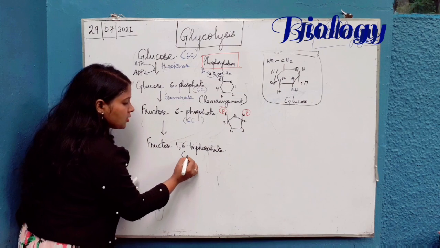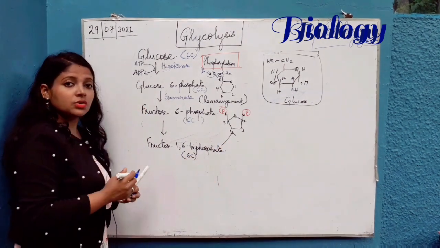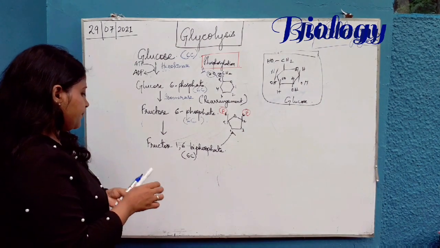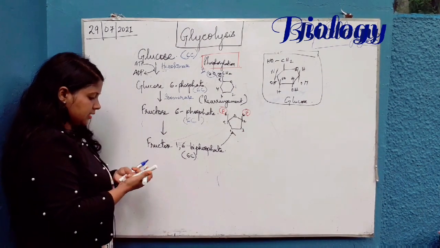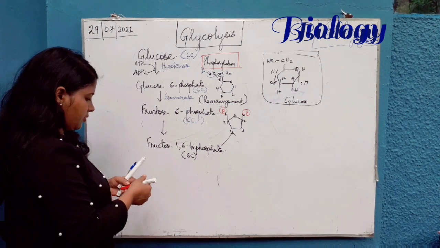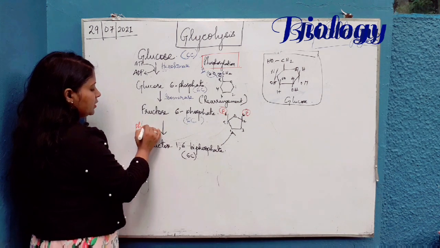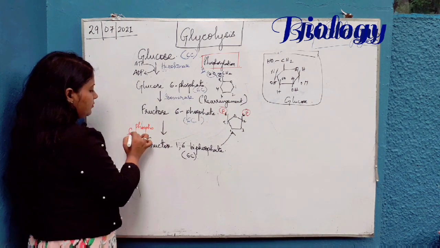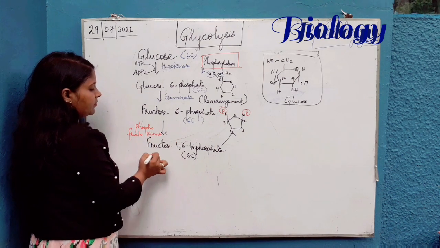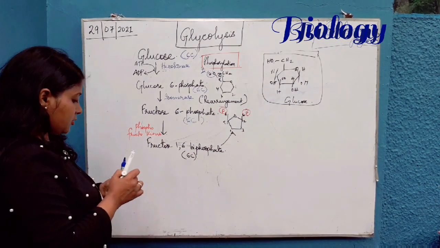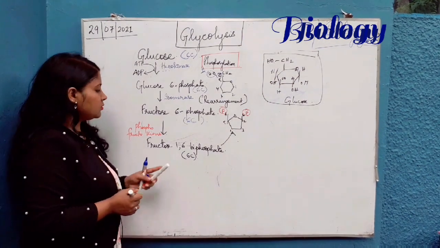This is also 6 carbon atoms. Now with the help of the phosphofructokinase enzyme, it has formed the fructose 1,6 biphosphate. Now let us move on to the next step.